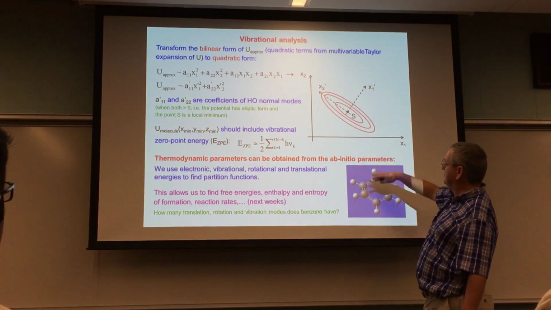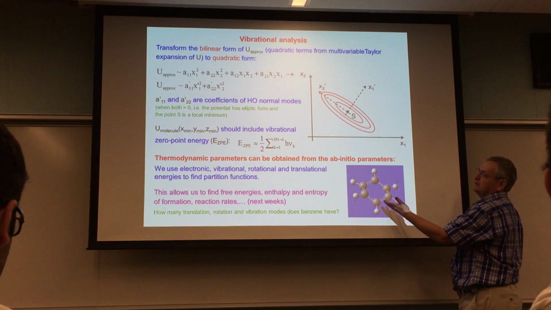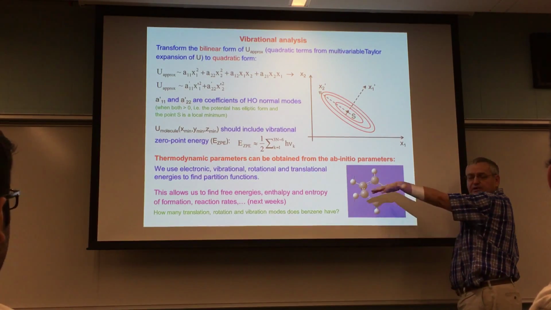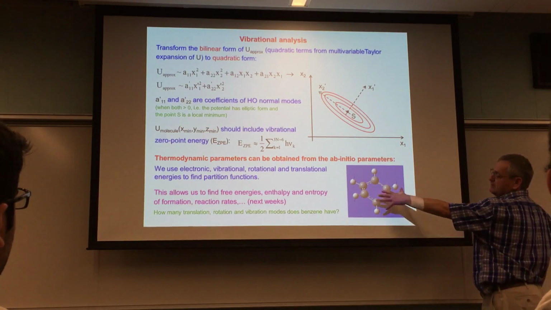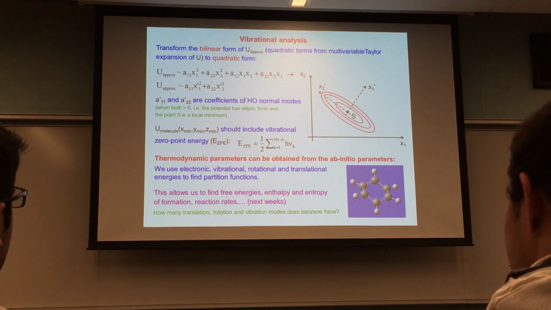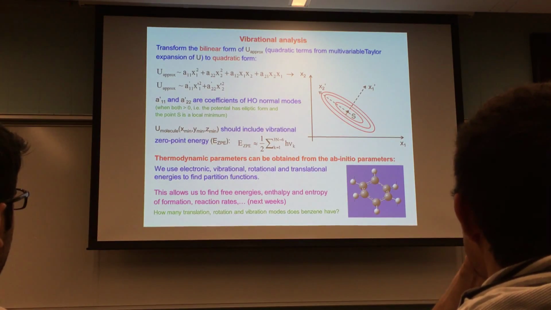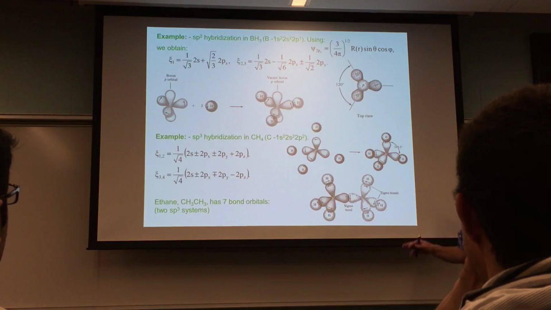We can find the normal modes and find how the molecule vibrates. There are 3N minus 6 vibrational modes, and then we can find how they vibrate and what the frequencies are. So this is all possible and very useful, because then spectroscopically we can get it. Okay, so that's all for the molecules.